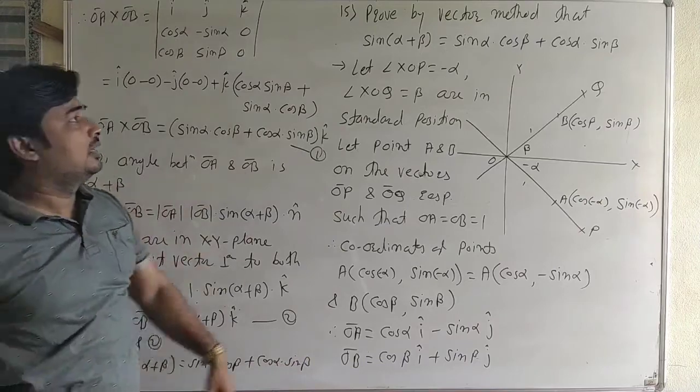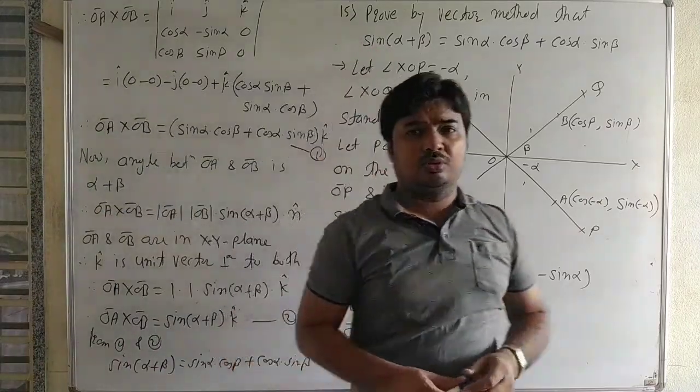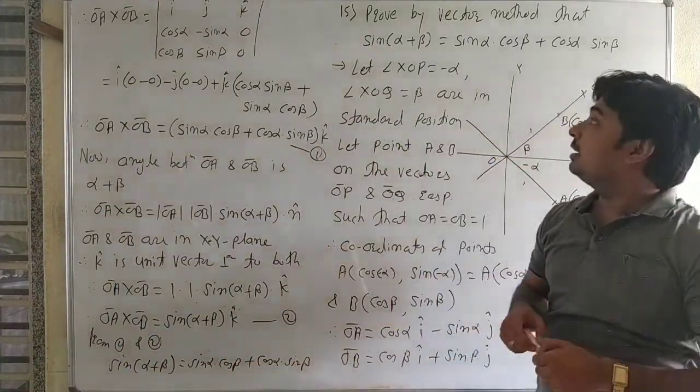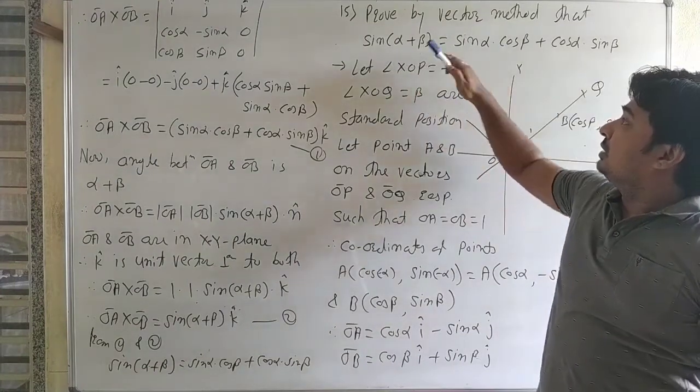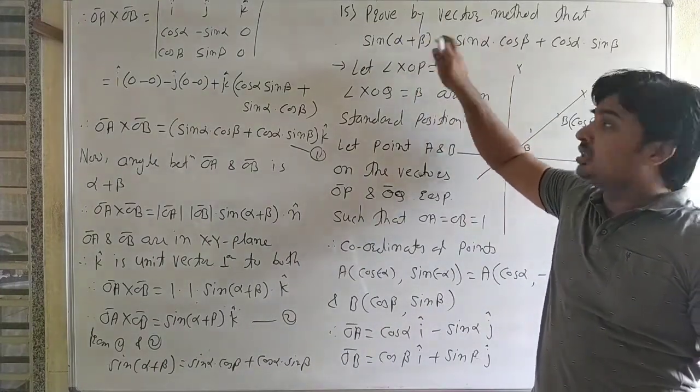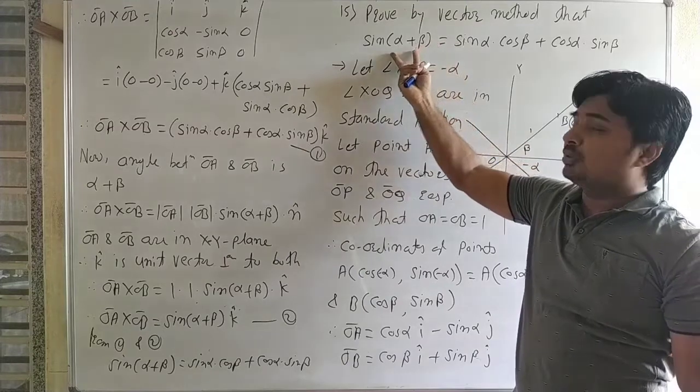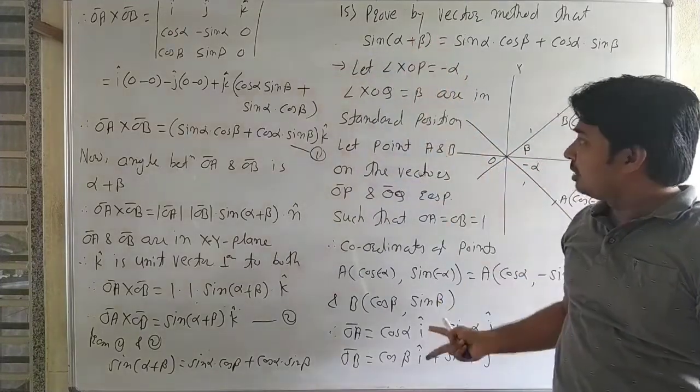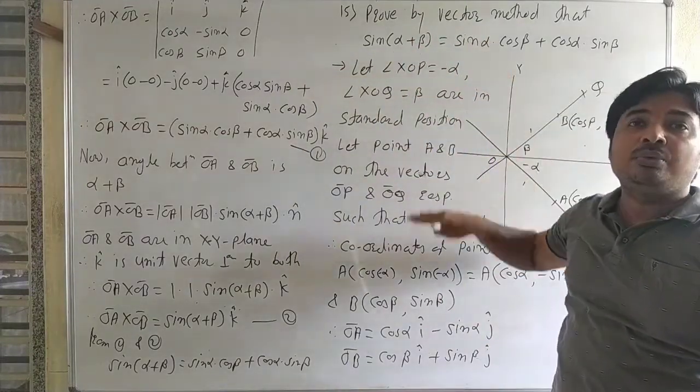Here it is the trigonometric ratio of the sum of angles. We have already learned it in class 11, in the chapter on trigonometric ratios. Here we prove it using the vector method.